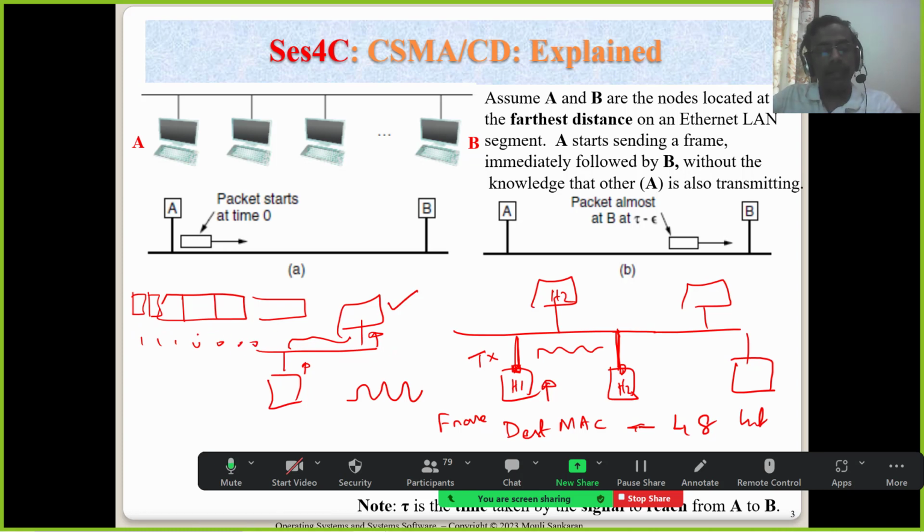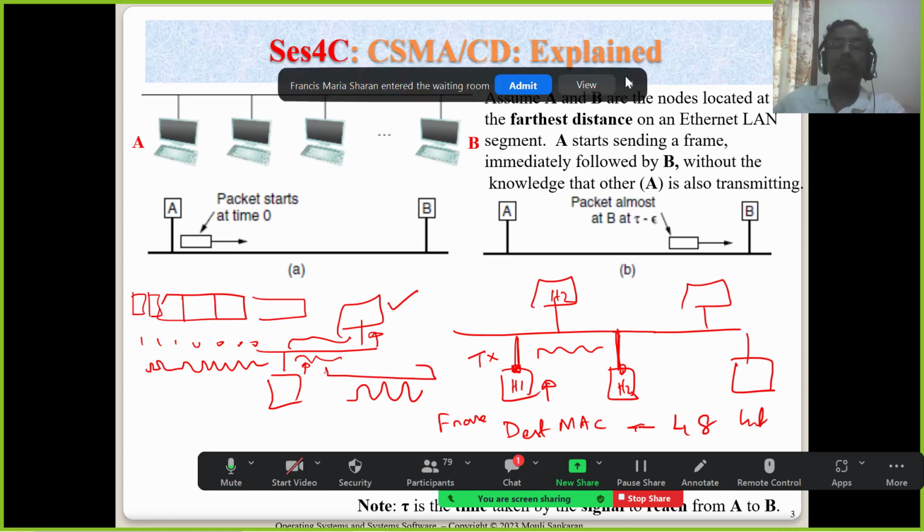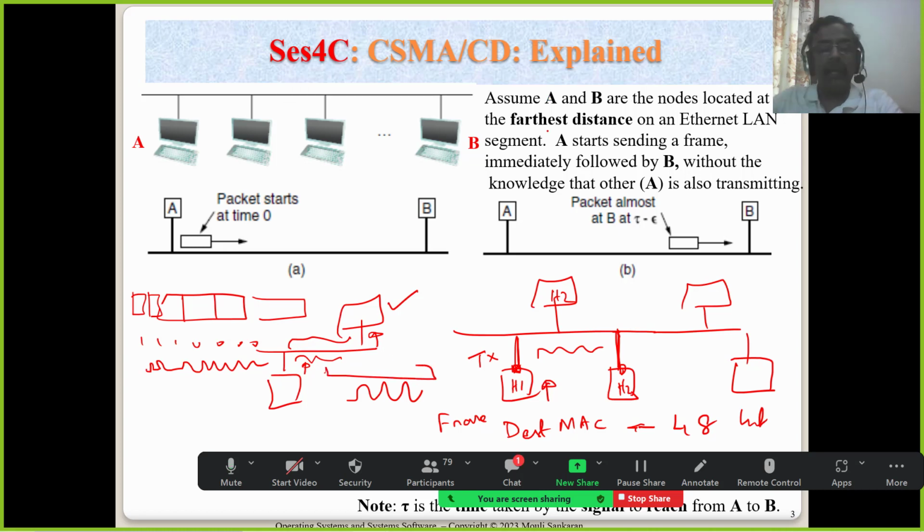Now, like RS232, I am not saying whether it is going to follow the same encoding. Here the encoding may be different, whether 0 or 1 is some voltage. We are not going into the details of it. Ethernet has decided that 1 is sent at some voltage level and 0 at some voltage level. Whatever one person is sending, it will send the entire frame and then stop, after which the line will be idle.